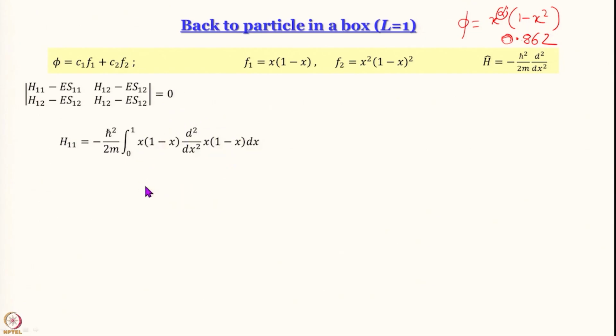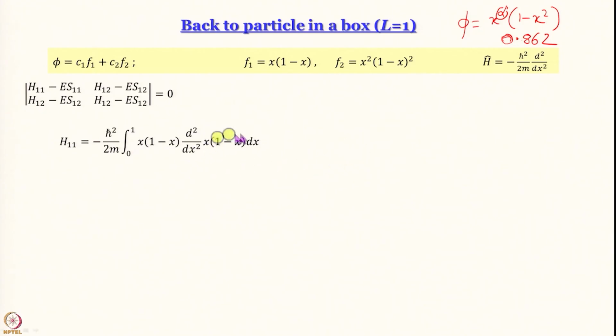This will be H11, because this is F1. Remember H11 essentially means the integral of F1 star H F1 over all space, all x in this case. Okay. So, x into 1 minus x into d2 dx2 of x into 1 minus x, simple.